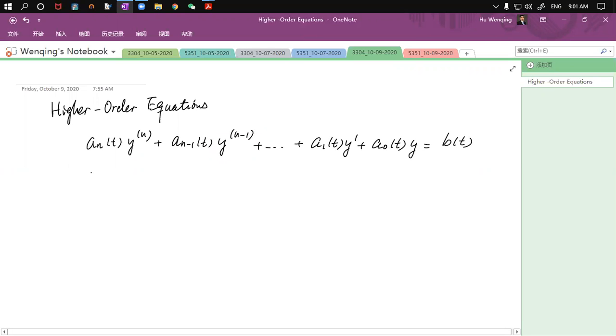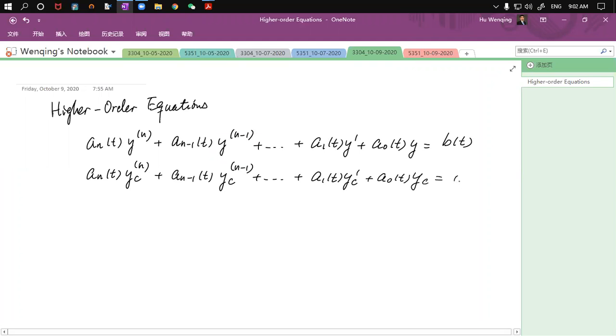And you would like to consider its complementary equation: a_n(t) y_c^(n) plus a_{n-1}(t) y_c^(n-1) plus ... plus a_1(t) y_c' plus a_0(t) y_c is equal to 0. So you consider such a homogeneous equation.